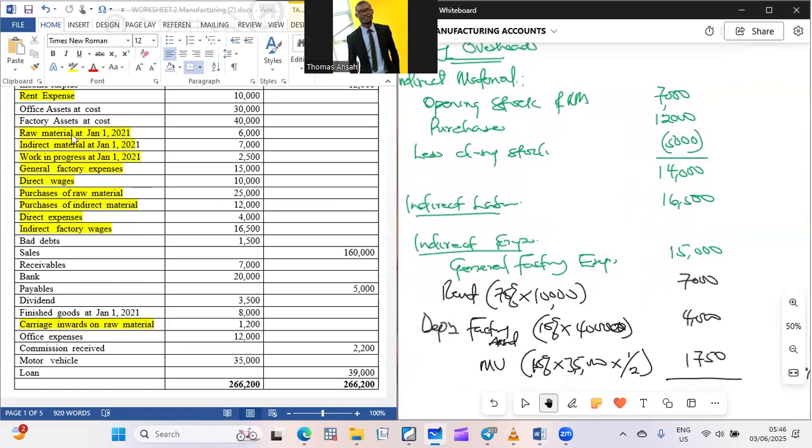So opening stock of raw material, indirect, where is it? Opening of indirect, where are you? 7,000. Then I'm guessing that one too, I didn't record something, perhaps. Factory, this one is there. We've done this one. Purchases of indirect, yeah, it's here.